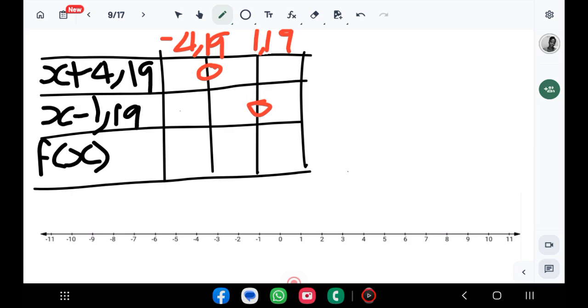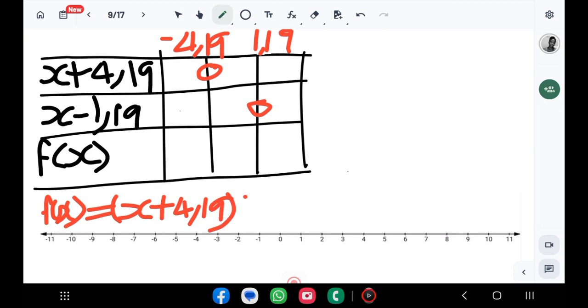Remember, f of x is the product of the two. f of x equals x plus 4/19 times x minus 1/19. Now this is 0 at x equals negative 4/19 but positive to the right, because if you put a number that is bigger than this, for example 5 plus 4/19 is positive.